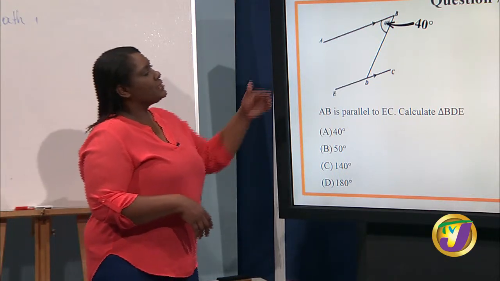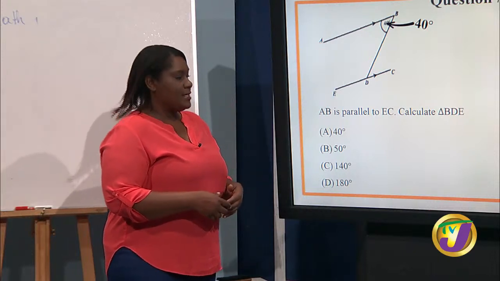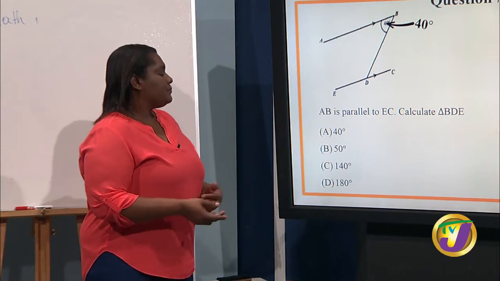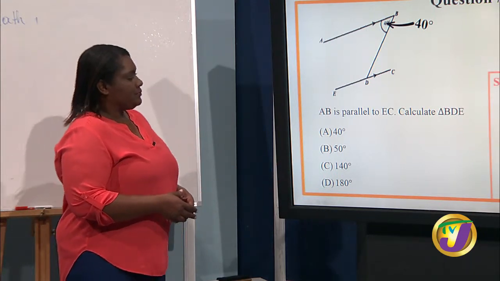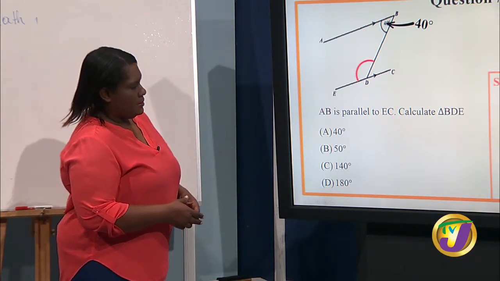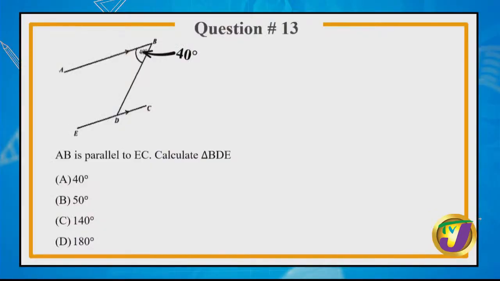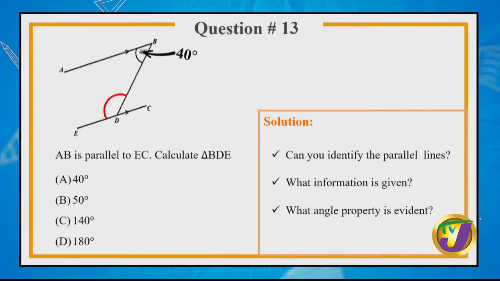If we know that one angle is already 40 degrees, then we can just carry out a simple subtraction, and our answer would have been 140 degrees. Of course, this is one of the questions that would not take us much time. Less than a minute.